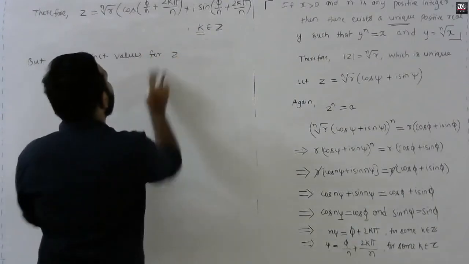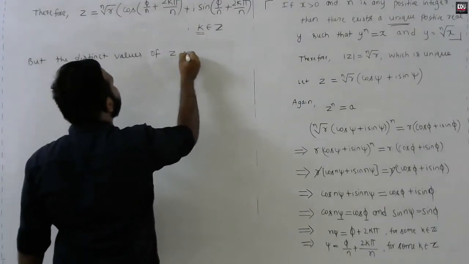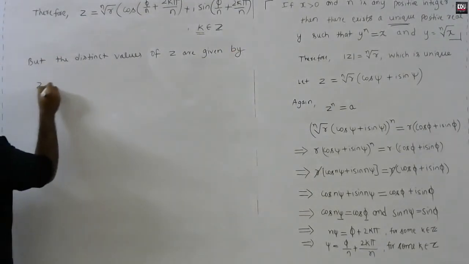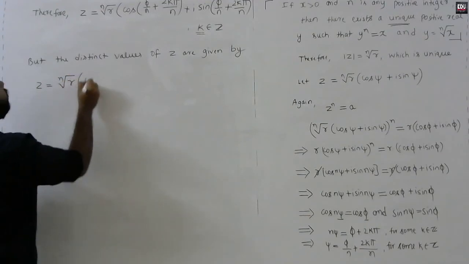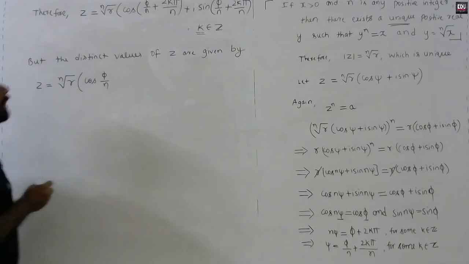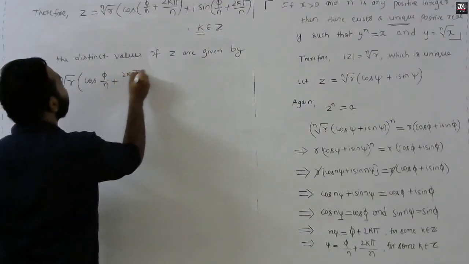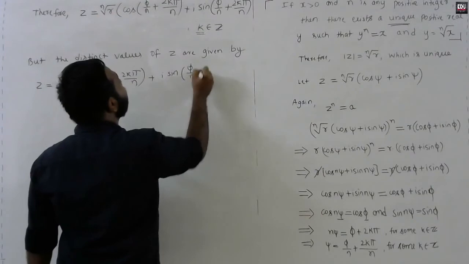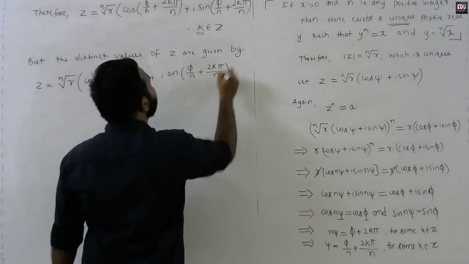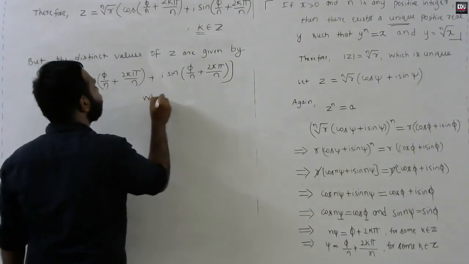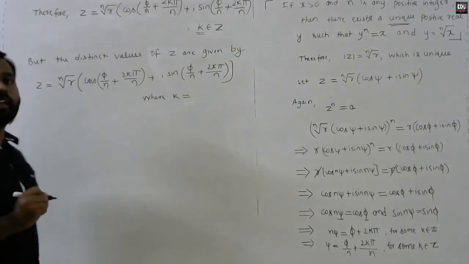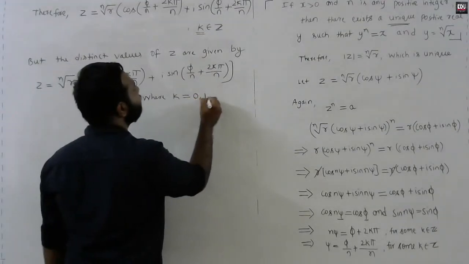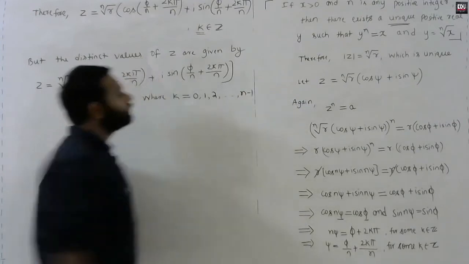The distinct values of z are given by z equals nth root of r into cos of phi by n plus 2k pi by n, plus i into sin of phi by n plus 2k pi by n, where it is enough to vary k over any consecutive n values on the integer line, and I'll take those n values to be 0, 1, 2, up to n minus 1.